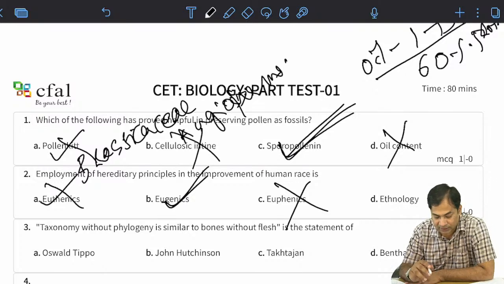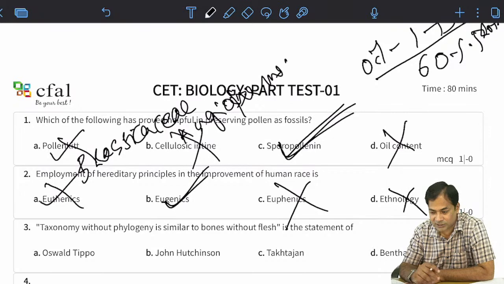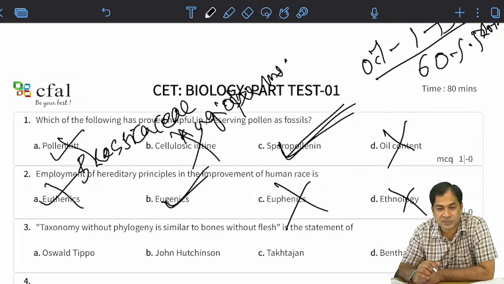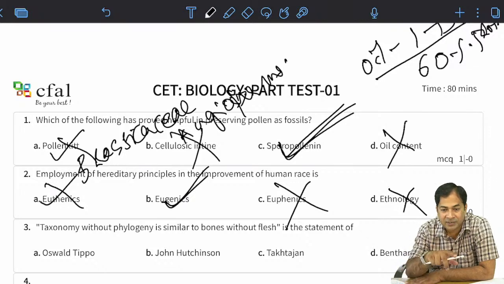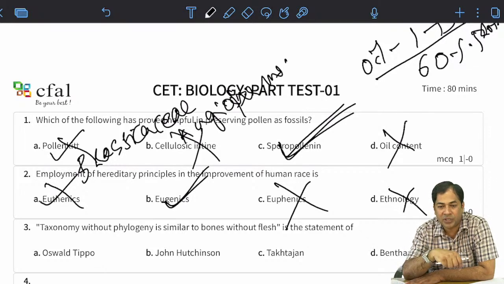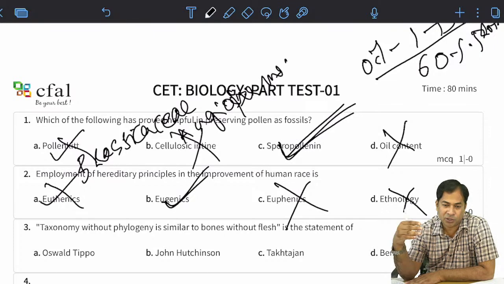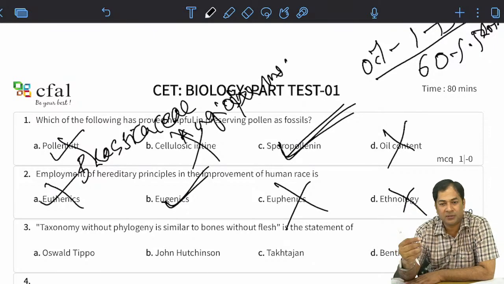Then the fourth option is also wrong, that is ethnology, because ethnology is studying characteristics of living organisms or studying differences between two different individuals. Like if you compare me with you, we both have different characters because we have differences. I might be tall, you might be a dwarf, someone might be of medium height.